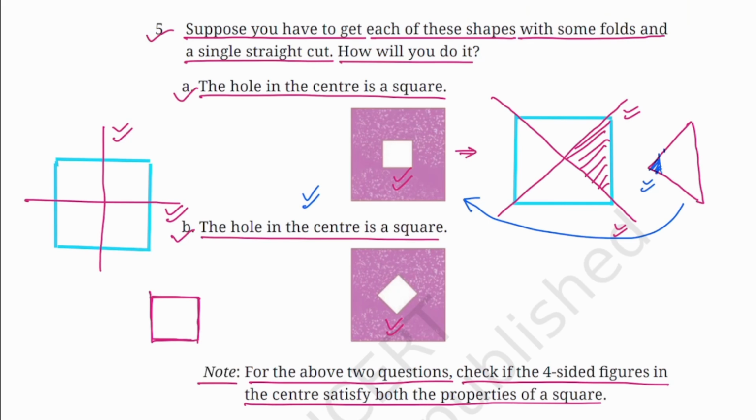Then using scissors, you have to cut this portion out. And when you unfold it, you will get this shape. You can see here, this portion has been cut out from this quarter part. And in this, you can see this portion has been cut out in the 1/4 of the square, that is in this triangle.